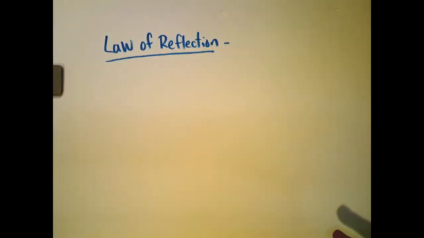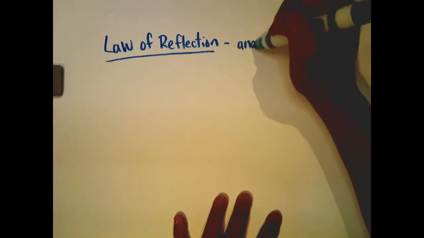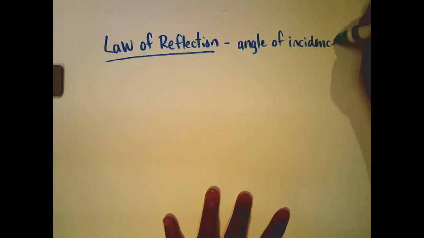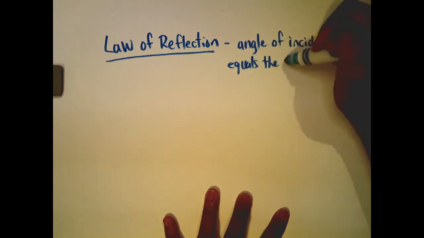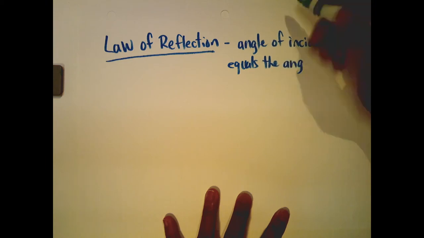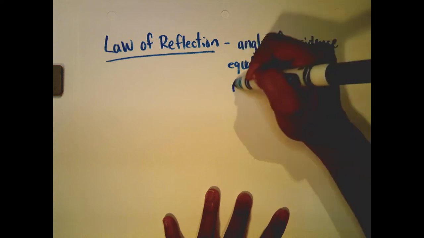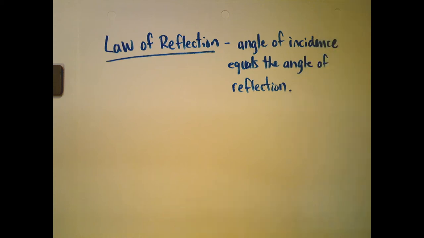All light always obeys this law. Essentially, the angle of incidence equals the angle of reflection. And some of you are going, okay, that's a very strange law. What does that mean? Well, let me draw a diagram for you.